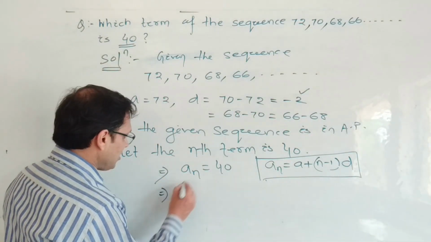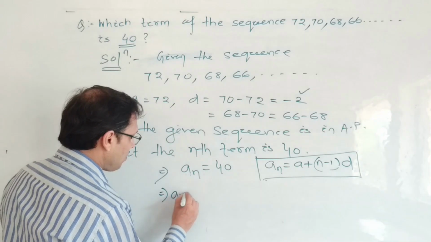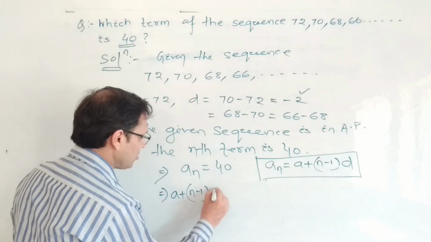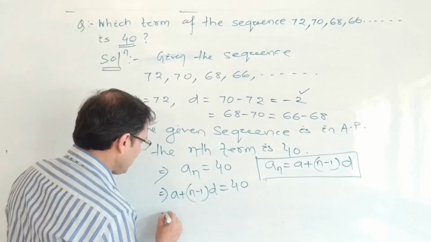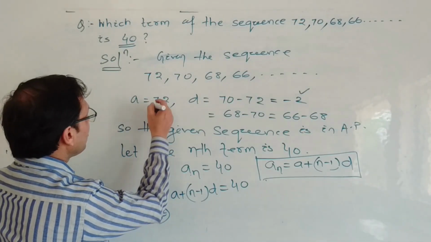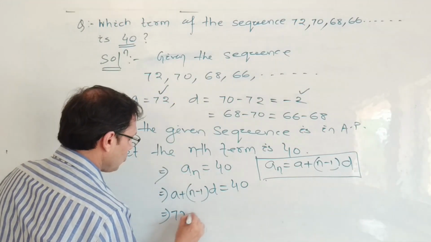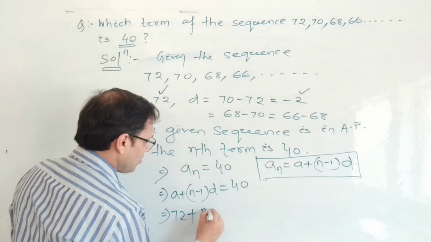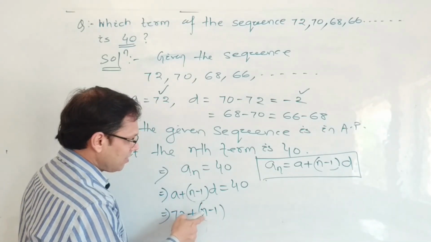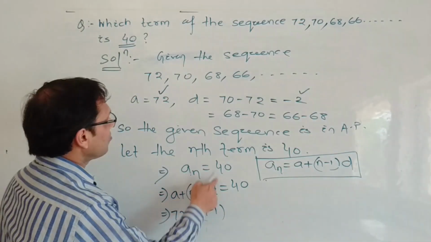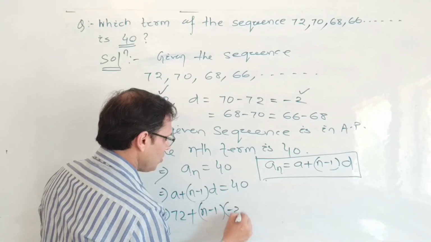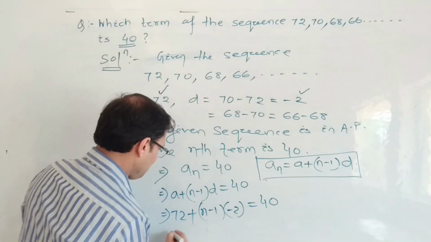So you can replace here an is equal to a plus n minus 1 into D is equal to 40. So we have a. What is a? That is 72 plus n minus 1. We have to find the value of n, so keep it the same. D, what is D? That is minus 2, is equal to 40.